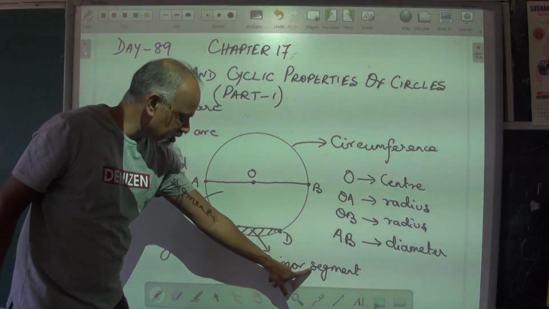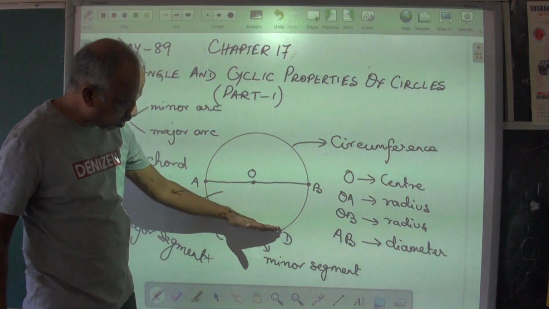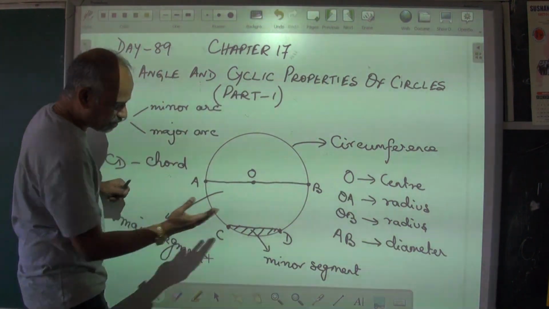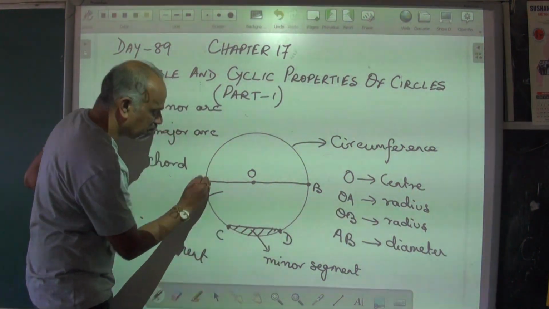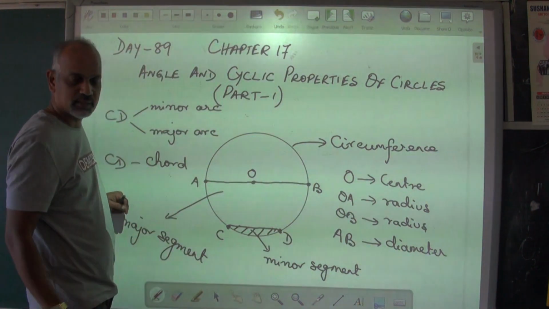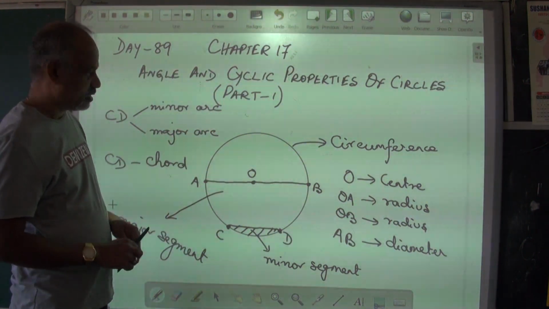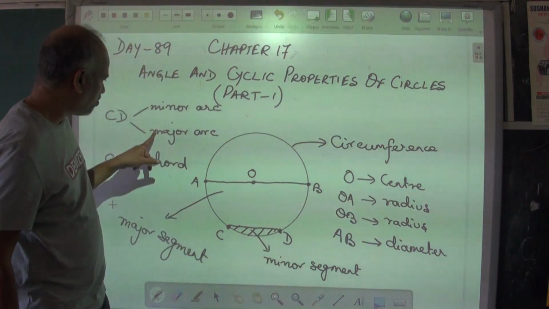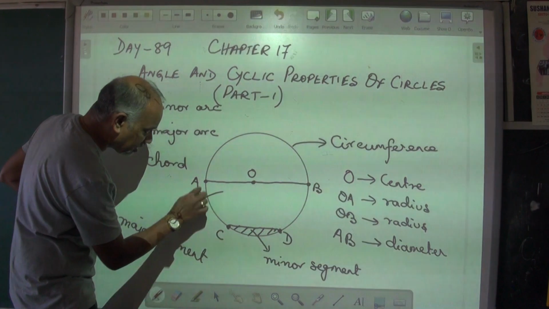So the minor segment lies between the chord and the minor arc, and the major segment lies between the chord and the major arc CD. So all of them are CD. The minor arc CD is this CD. The major arc CD is from here to here.